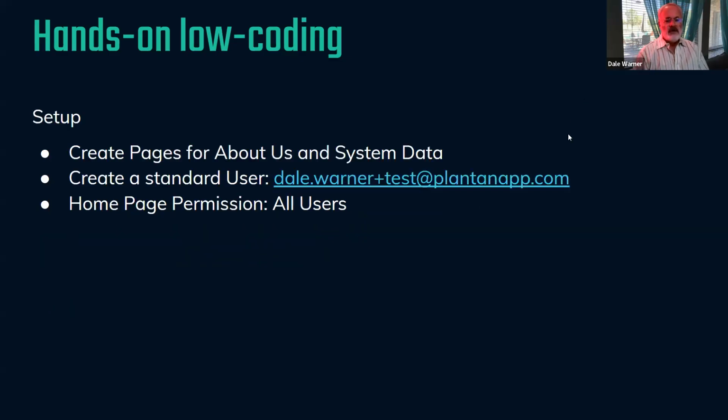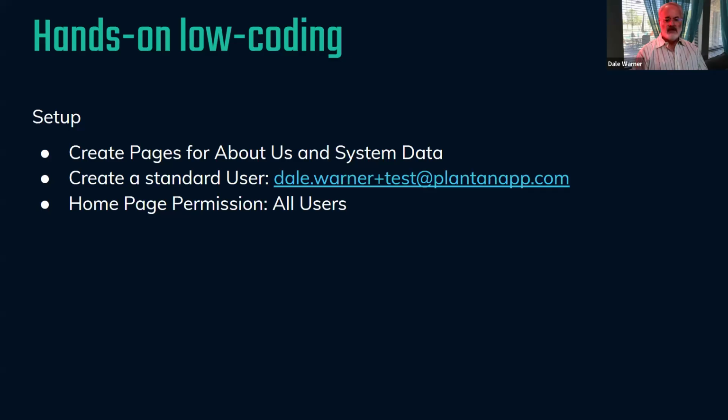In terms of setup, on the site where we're going to be doing all of our work, I've already created a couple of pages. It's an otherwise empty plant and app system, but it has an About Us page and a system data page that have nothing on them. That's just a setup.